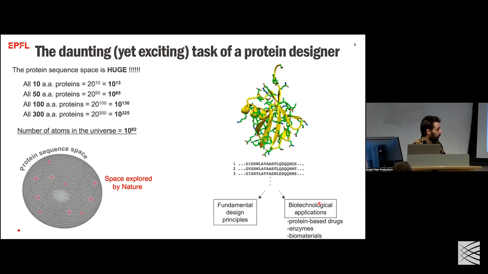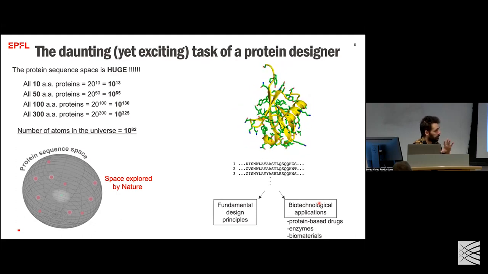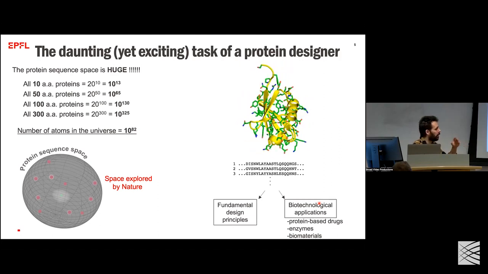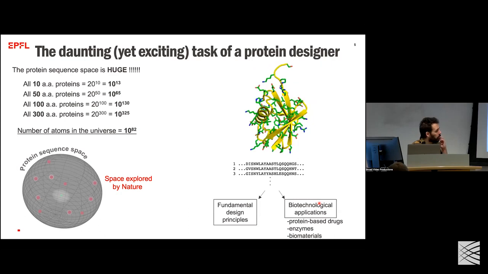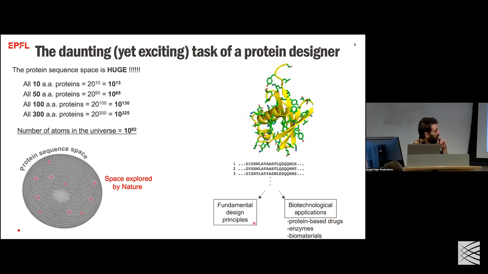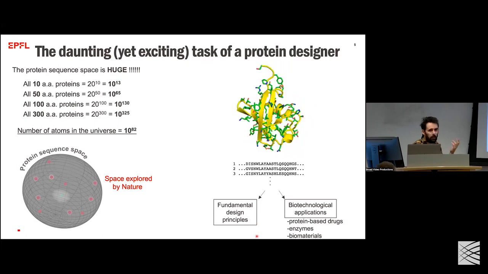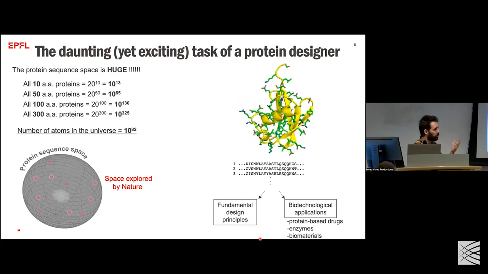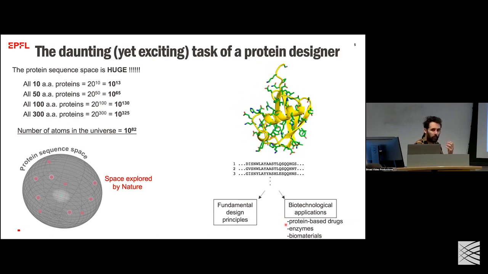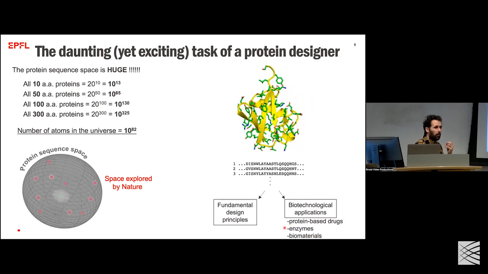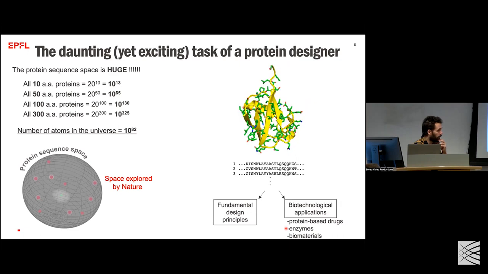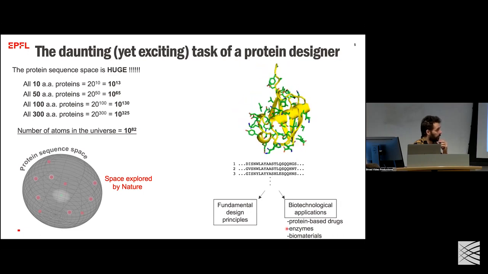Now, what we hope to learn during this process, there are two main things I feel, besides the more philosophical questions about whether there are new sequences out there, what they do, and whether they are functional. Through these design exercises, one of the ideas is to understand the fundamental principles that guide protein structure and function, which remains an extremely hard thing to do, even as we improve on the design exercises that we've been doing.